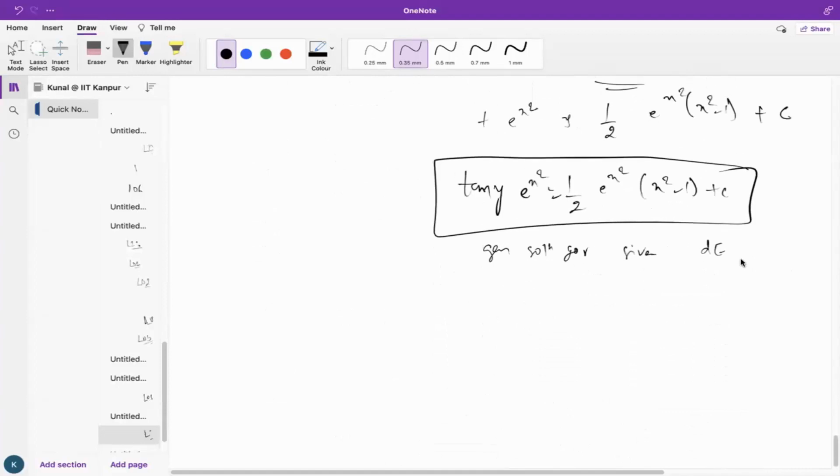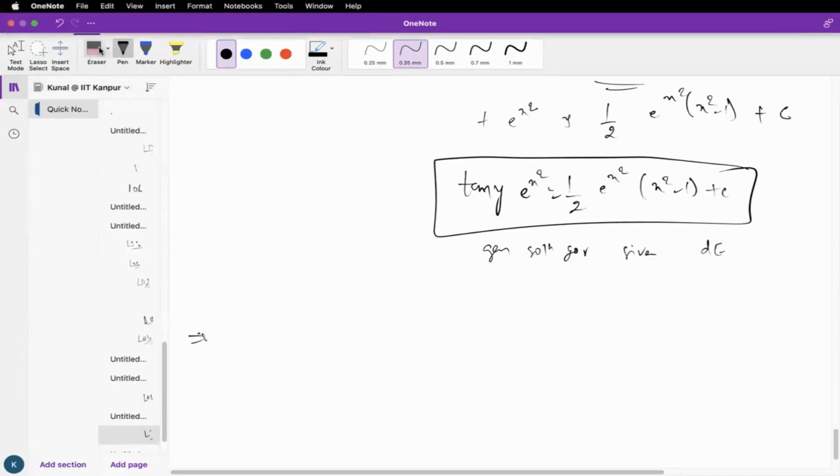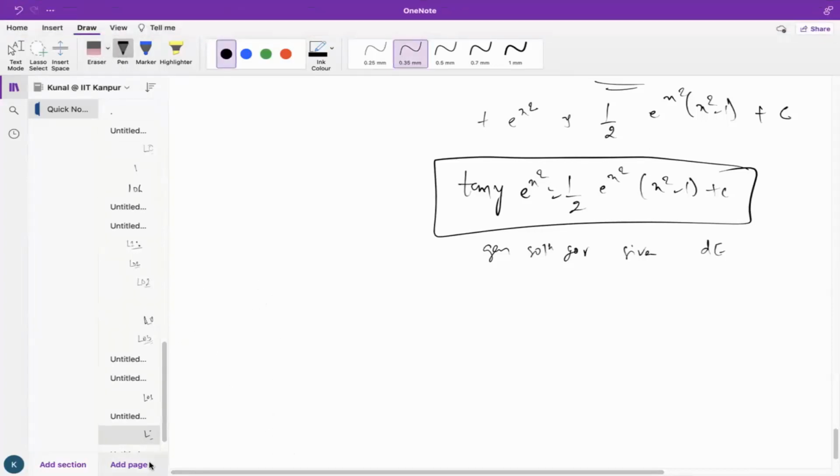So the next problem is something: x dy by dx plus y ln y is equal to x y e to the power x.